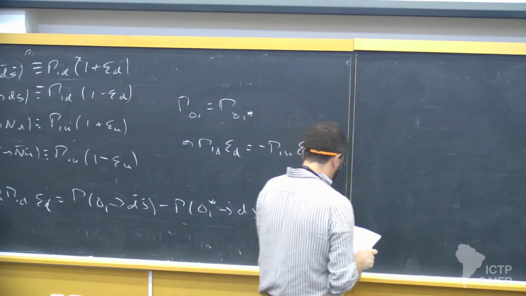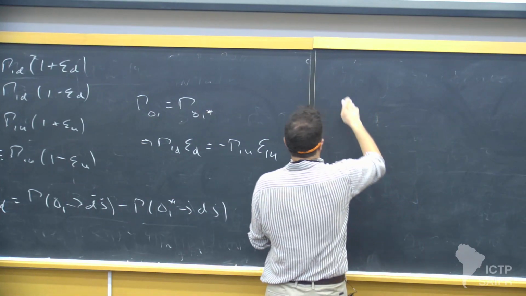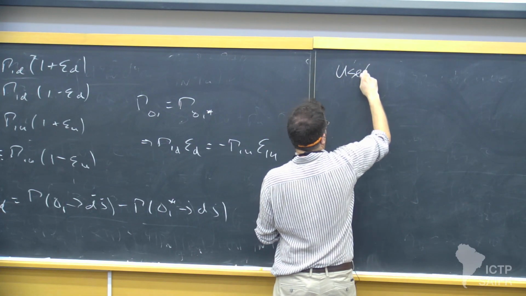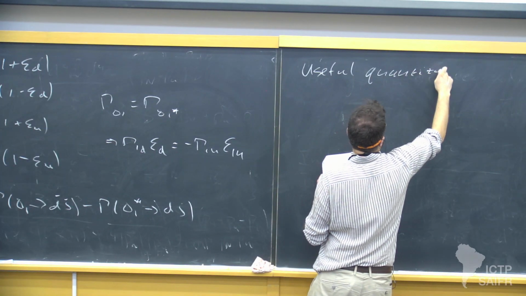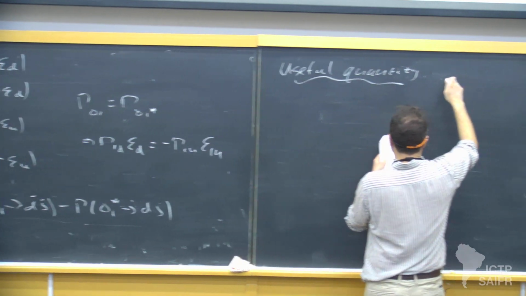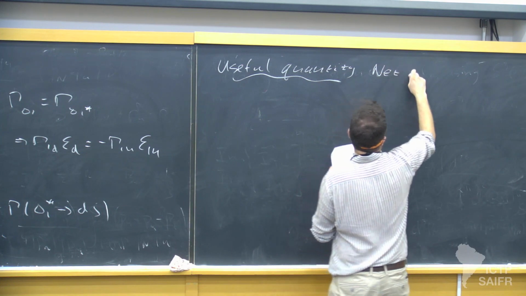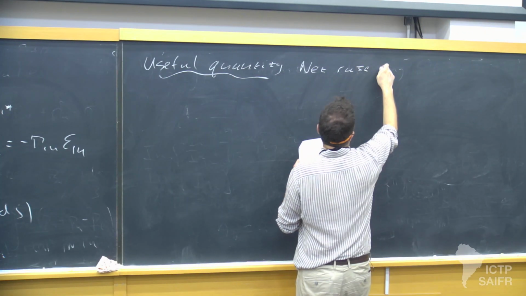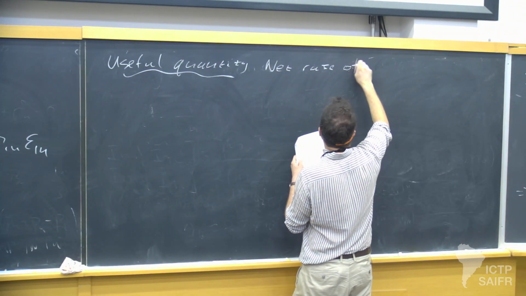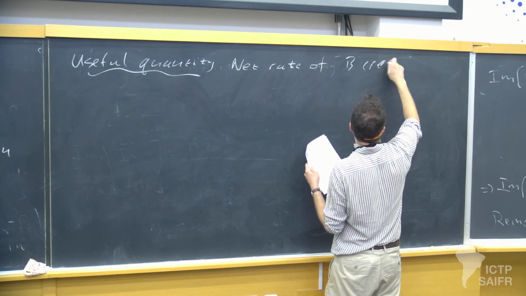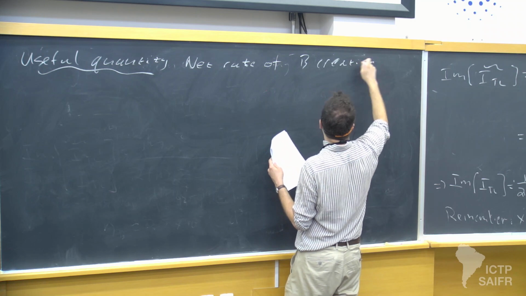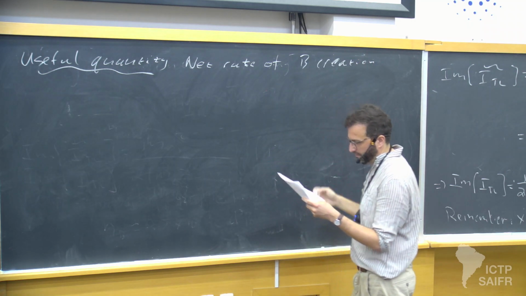So, a useful quantity which appears in the Boltzmann equations is the net rate of B creation through the decays of delta 1s, yeah?